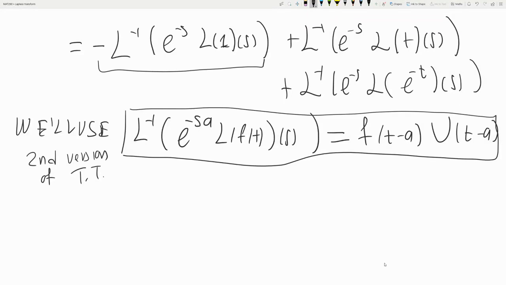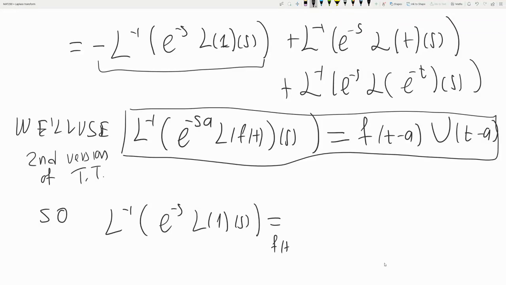Let me do one, and I'll just write the rest. So Laplace inverse of e to the minus s. Here f of t is 1. So it's just 1, right? This doesn't change. It's a constant function. And then times u of t minus 1.